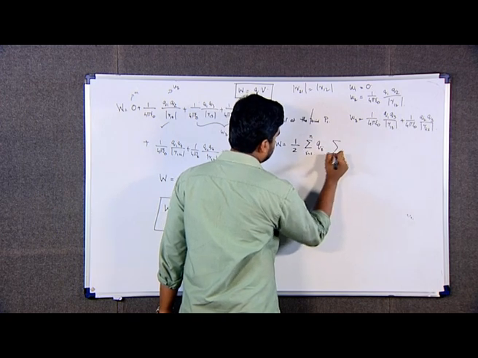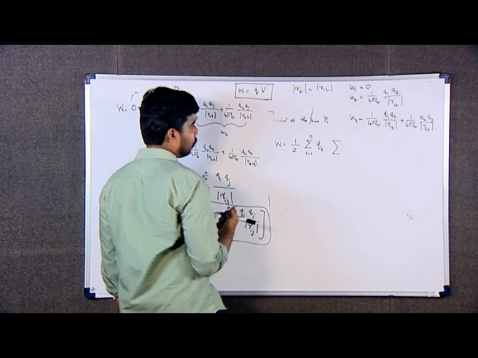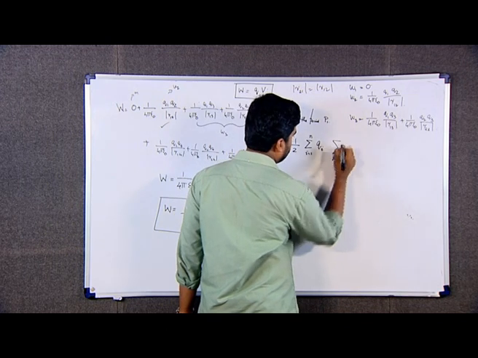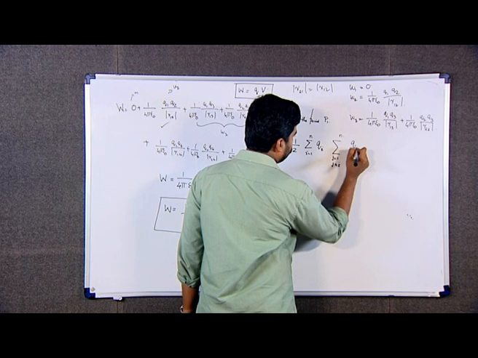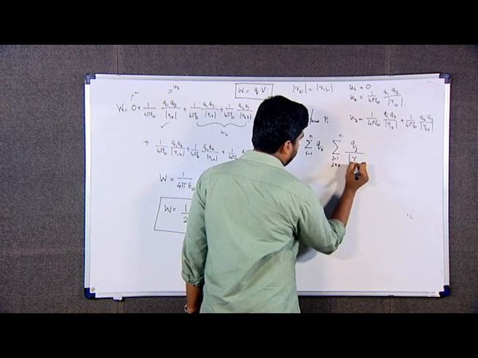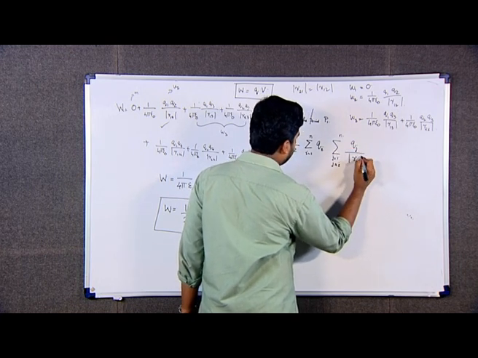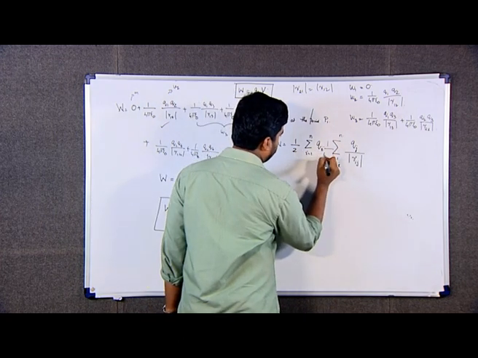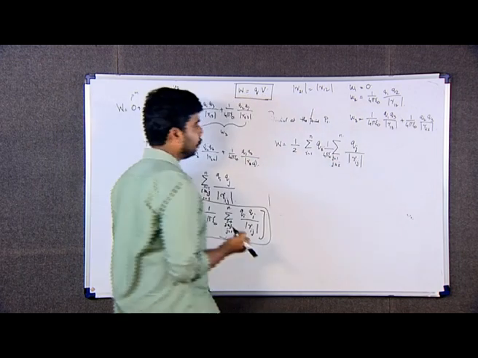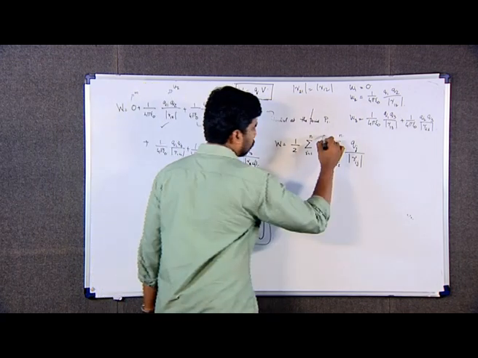You are just separating the summation, which is sigma j equal to 1 to n, j not equal to i, q j into r i j, modulus of r i j, into 1 by 4 pi epsilon 0. So, what is this term actually?